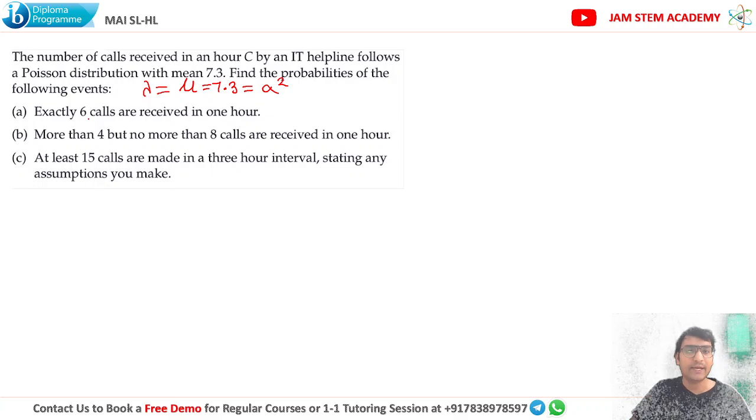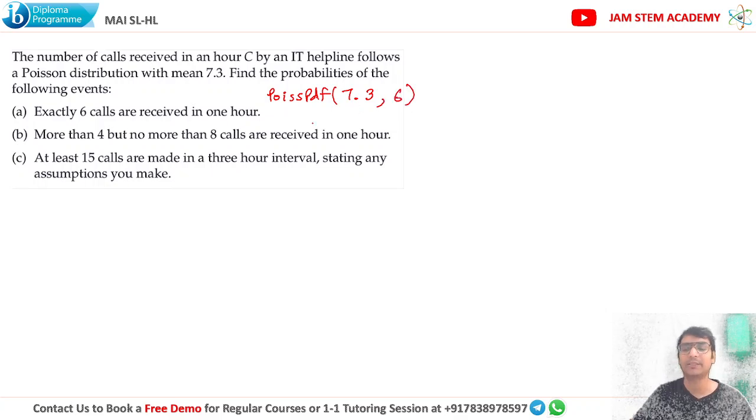Now, it says find the probabilities for the following events. What are they? Exactly 6 calls. It means we are looking for the Poisson PDF, for 6 successes, where 7.3 is the value of lambda. So put these values, you will get your answer.